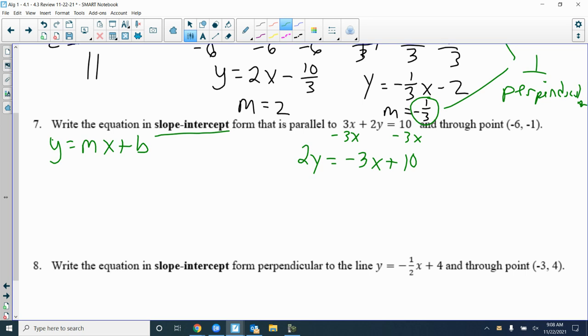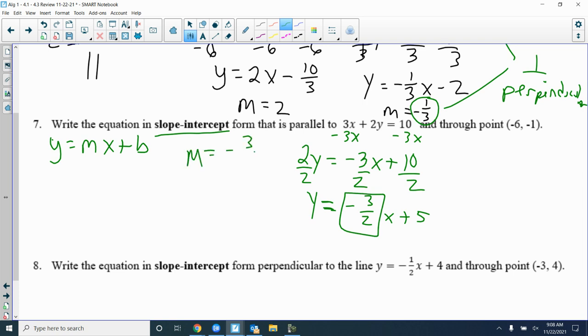Go ahead, Jeff. 2. Everything gets divided by 2. There's my slope right there. Okay? So y equals what, Jeff? Negative 3 halves x plus 5. This is the only thing that matters in that equation. This is the slope I want.